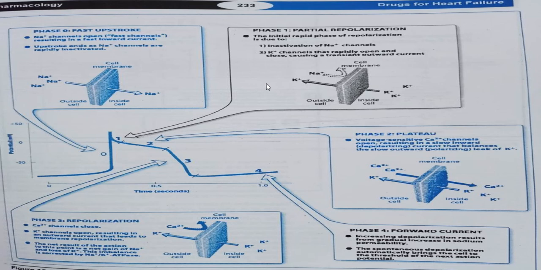phase 1 happens. Phase 1 is called the rapid repolarization stage, sometimes called the partial repolarization stage. In this stage, the opening of the potassium channels happens, which allows the efflux of positively charged potassium ions outside the cell.